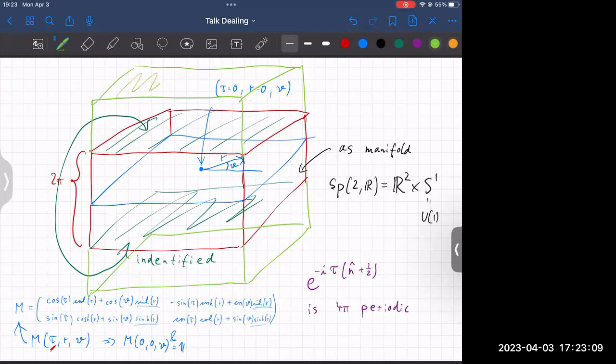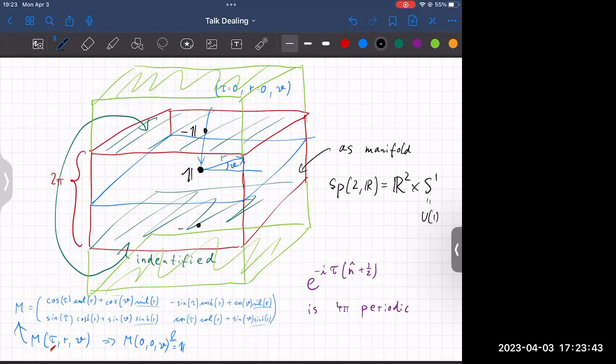So we will still identify this with the one down here, but the new thing is that we have the identity sitting here, and previously we had minus identity here.